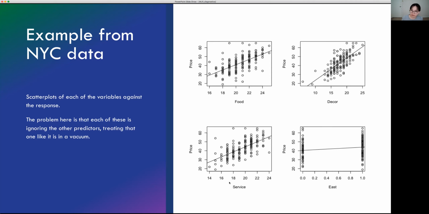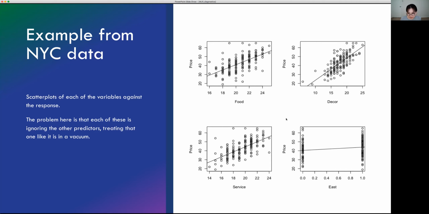So this is a model, and the data that we worked with before is the NYC data. It shows you the scatter plot here for our response variable versus each of the predictors. We have 4 predictors, and we made a scatter plot for each of them versus our response variable.